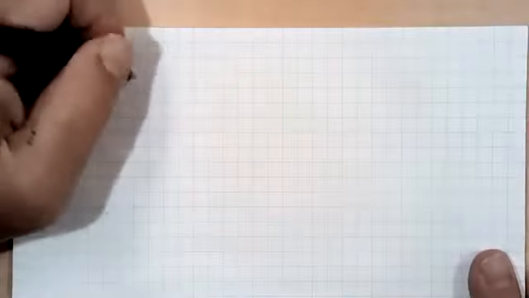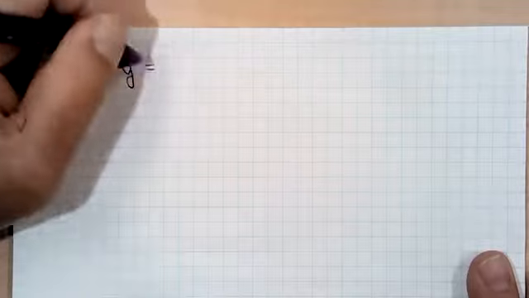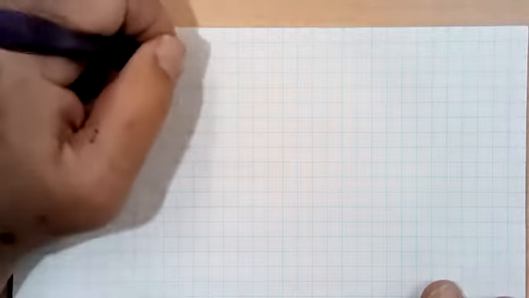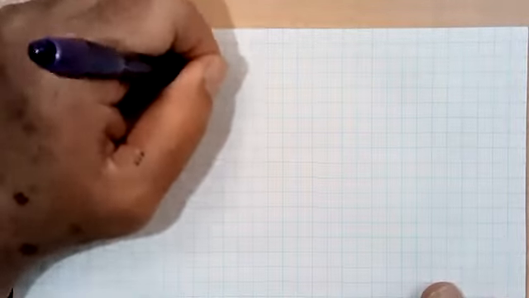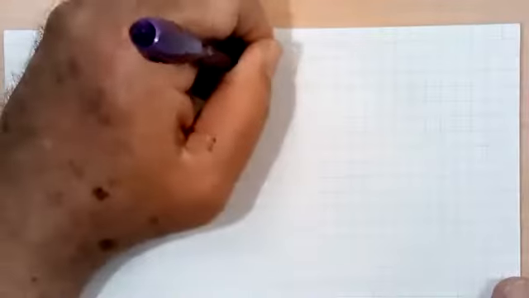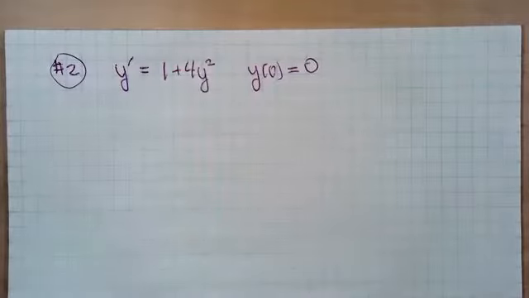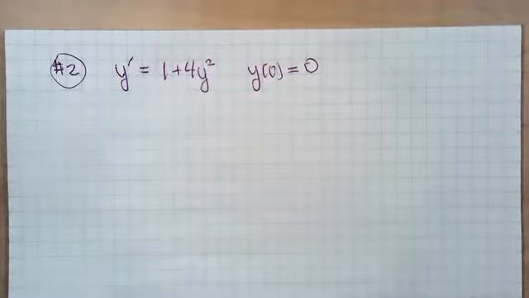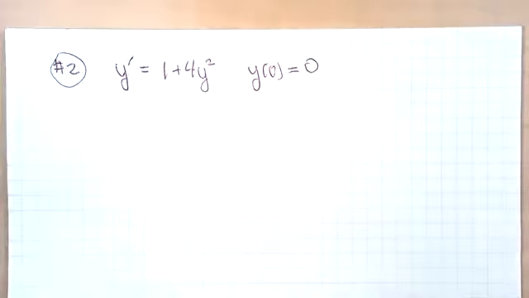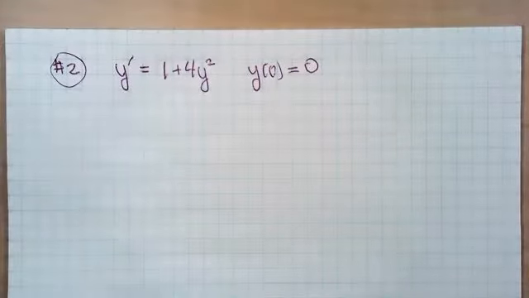Here's another one. Example number 2 is y prime equals 1 plus 4y squared. And let's put an initial condition on this one, y at 0 is equal to 0. Okay, now, in this form, it almost looks like, whoa, we don't even have an x.